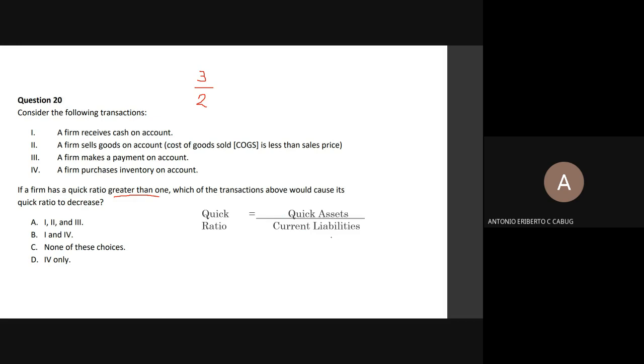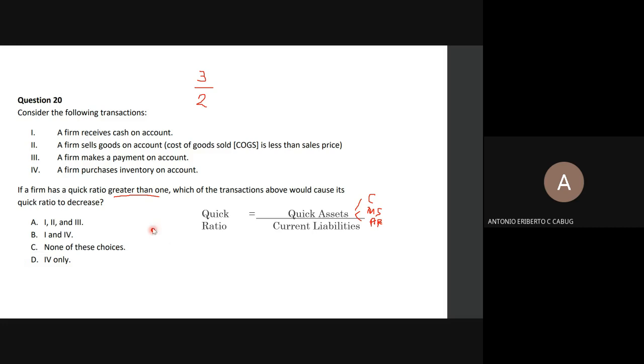Quick assets over current liab. This includes cash, marketable securities, and accounts receivable. Hindi kasama ang inventory tsaka prepayment dyan. Okay?